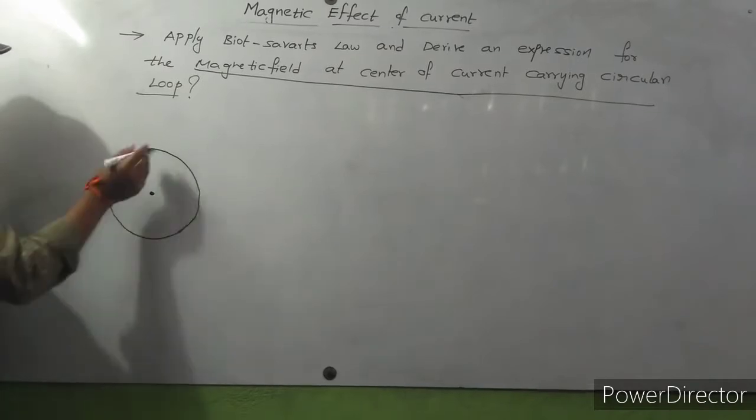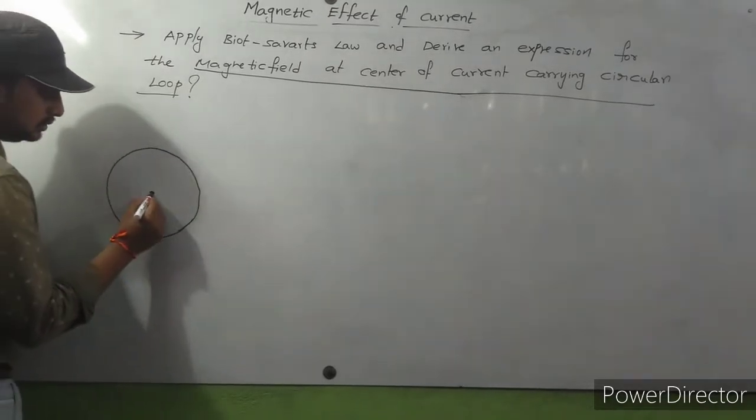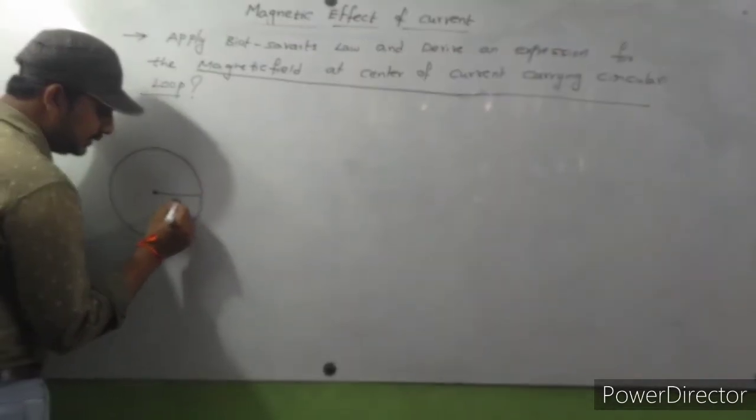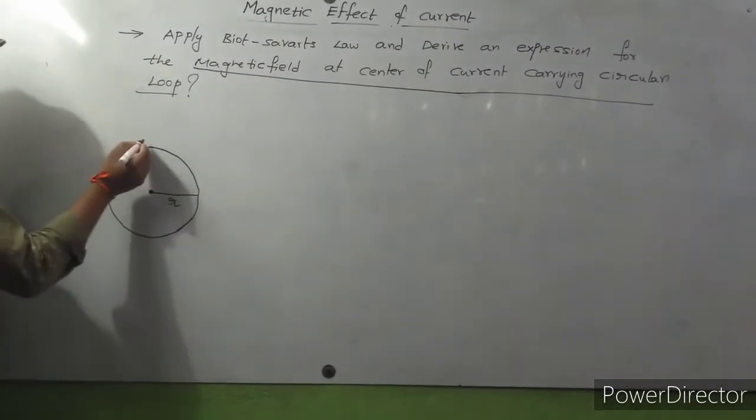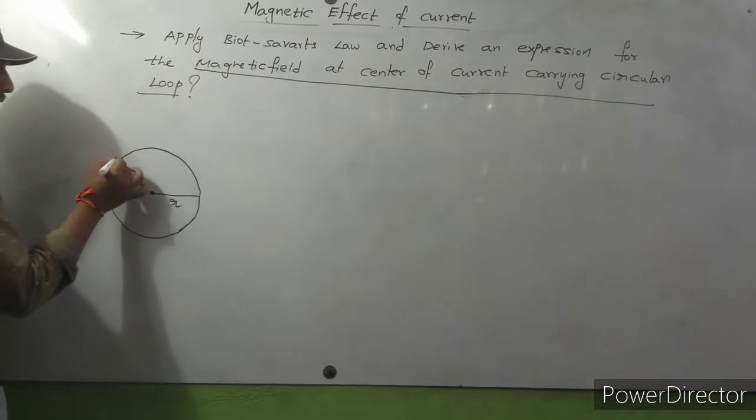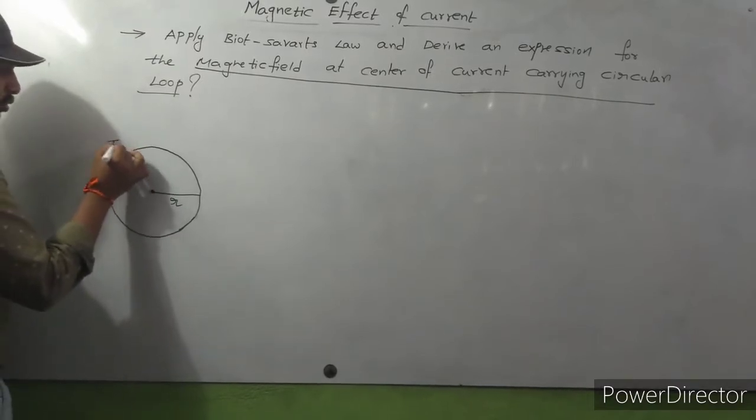Let us consider this is a radius R, the radius of the circular loop. Let us consider I be the current passing through this loop.